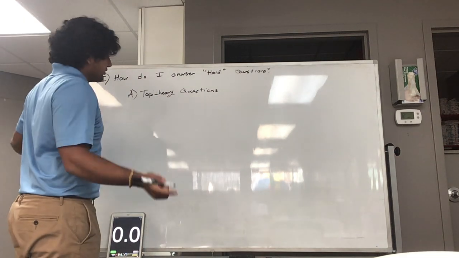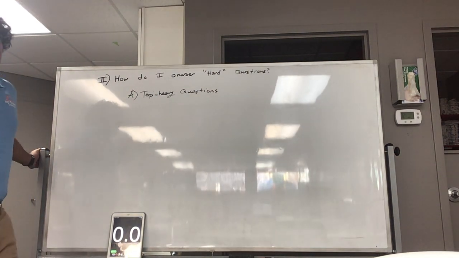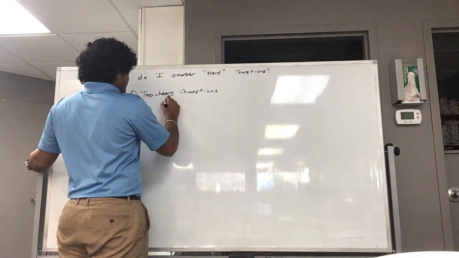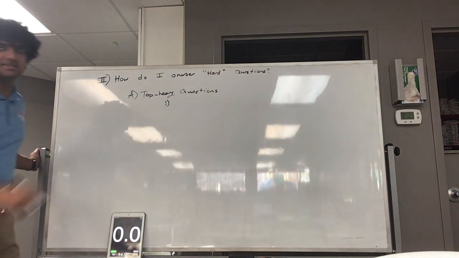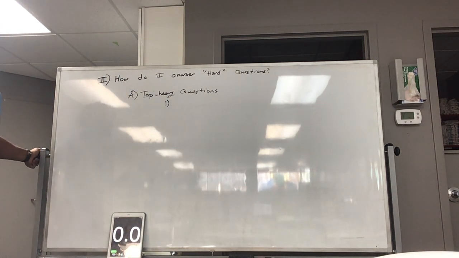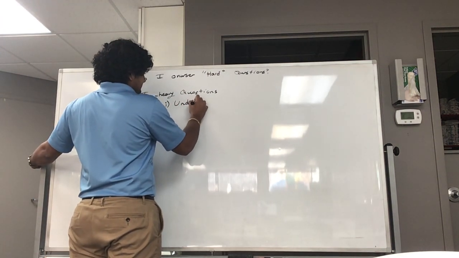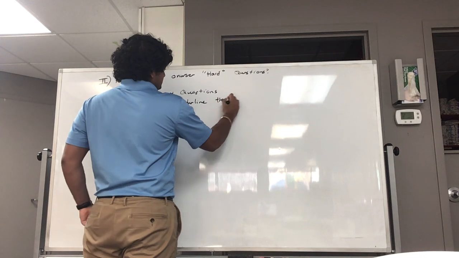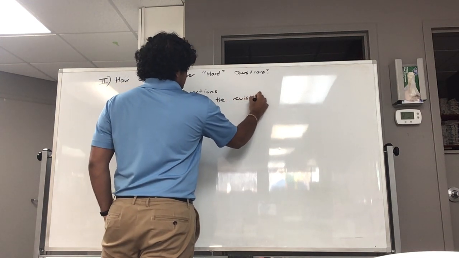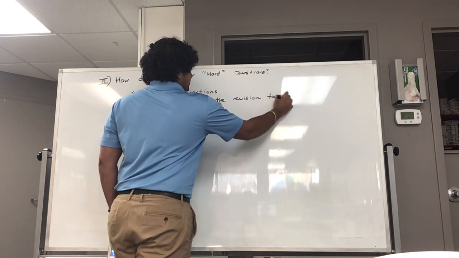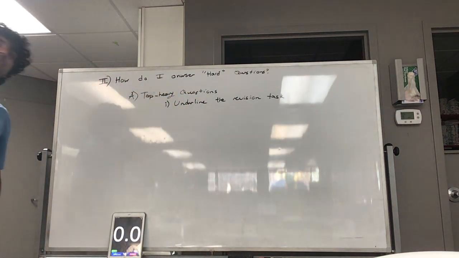Okay. So when you get to a top-heavy question, highly recommend this process. There's only let's say 3 steps, basically, that you have to follow. You should get this right every time. First step is underline the revision task. Like I said, every single top-heavy question comes with a task.